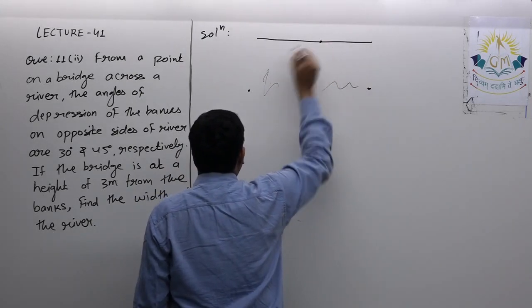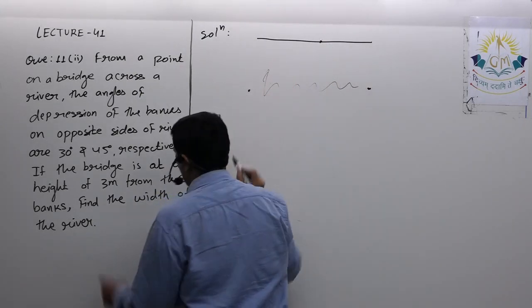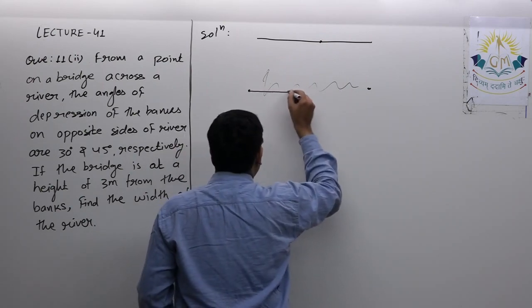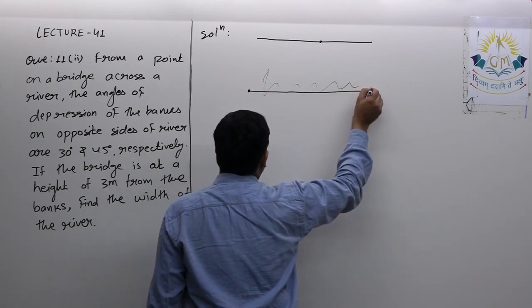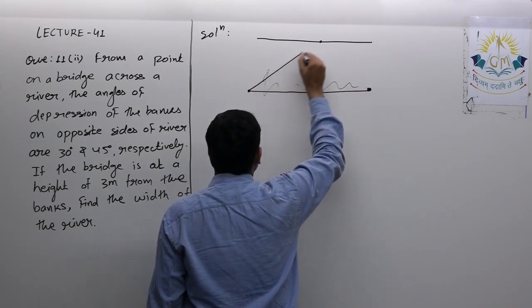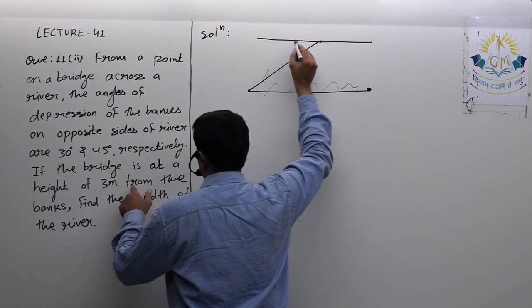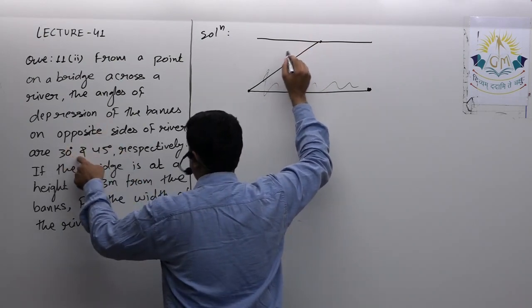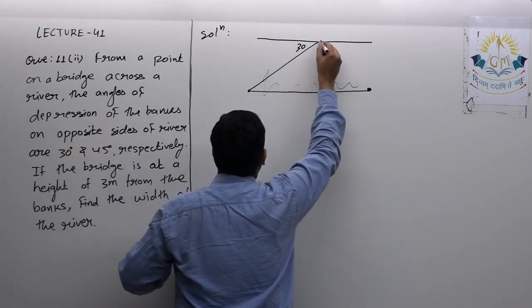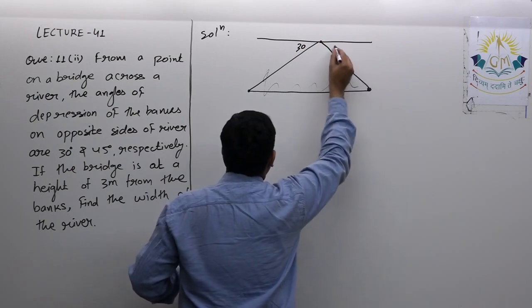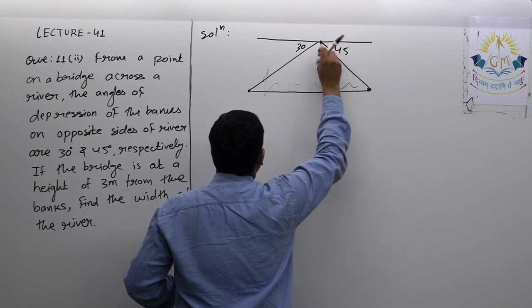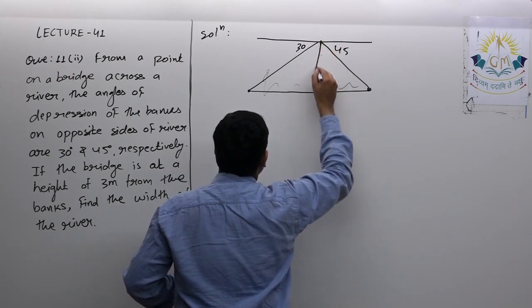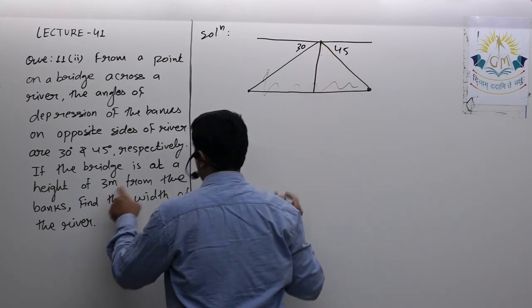Now from this point, angle of depression of 2 points. So this is the first point, this is the second point. This angle of depression, that means this is 30 degree. Two angles are given, so one is 30 degree, and from the other end this is 45 degree, and this height of the bridge is given how much? 3 meters.